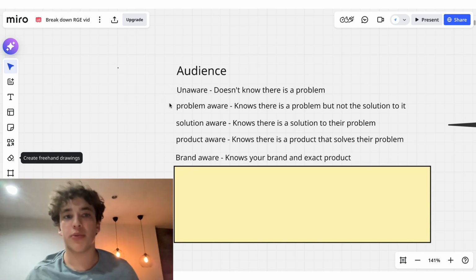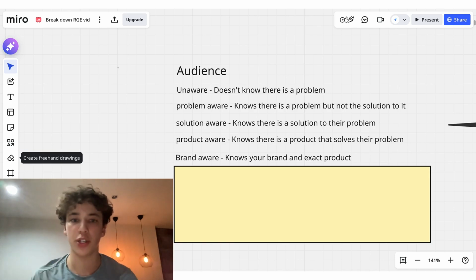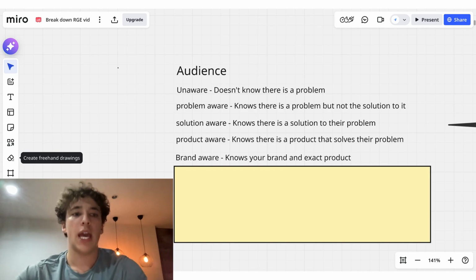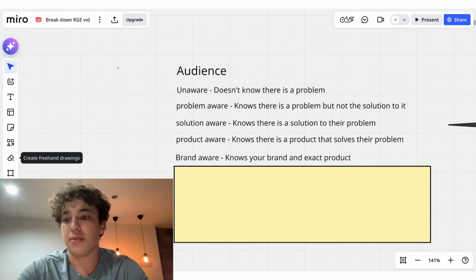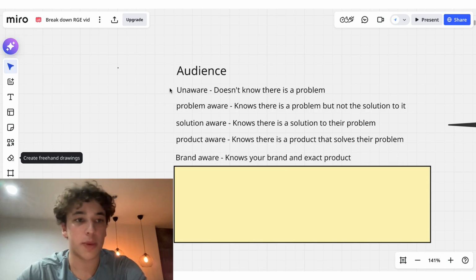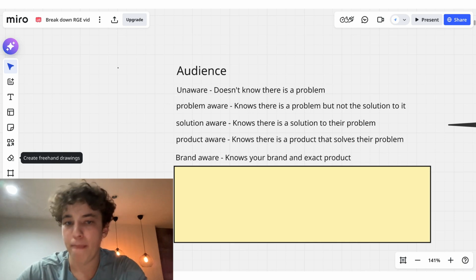Whereas maybe there's another product, for example, Fisher Technic. That's a fun German toy, and a lot of people do not know what that is. So here is where they would be at. They would be at unaware, or they would be aware that basically their problem is I want to have fun, right?